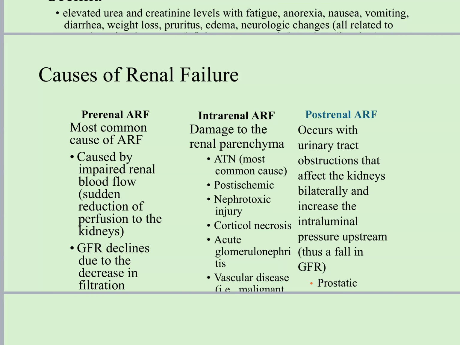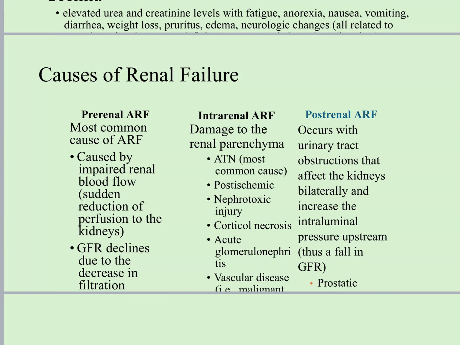Let's think of something. Say that somebody had a really severe infection and they became septic. When they became septic, their blood pressure dropped really low, so there's not enough pressure pushing blood to get the kidneys perfused.